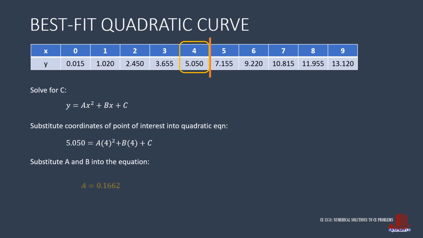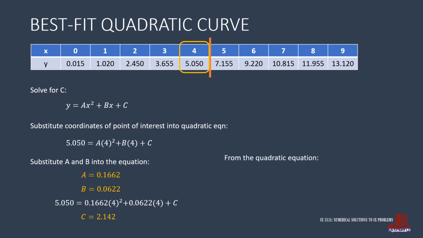Place the solved values of a and b into the equation, now making 5.05 equal to 0.1662 times 4 squared plus 0.0622 times 4 plus c, giving out c as 2.142. Having found the three variables, we can therefore write the best fit quadratic curve for this dataset as y is equal to 0.1662x squared plus 0.0622x plus 2.142.